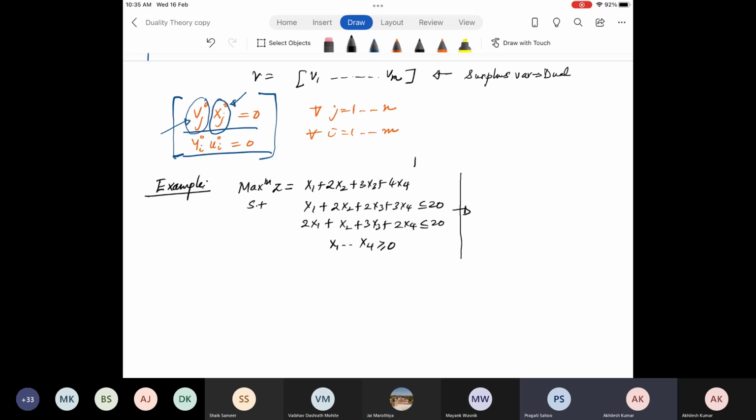Now convert its dual. Tell me its dual, one by one. So minimize W. What is the objective function? Say I give y1 to this constraint and y2 to this constraint. So what is my objective function?